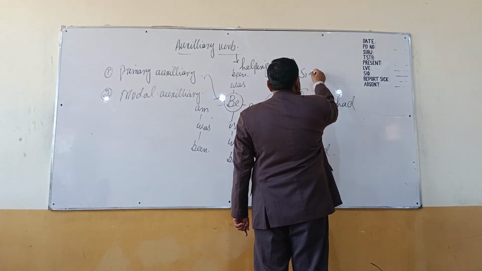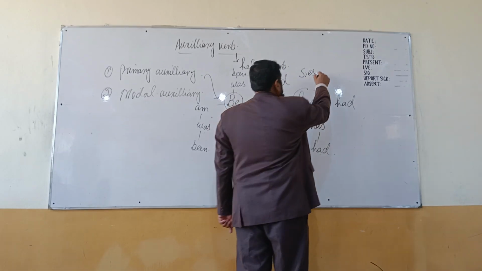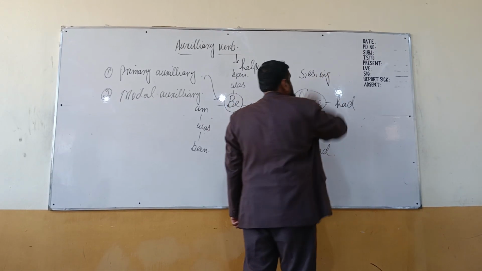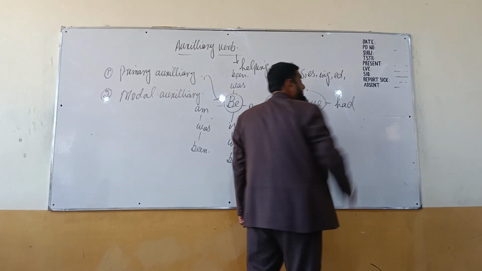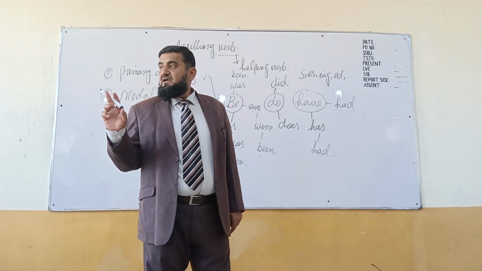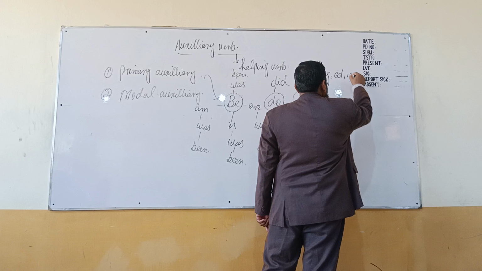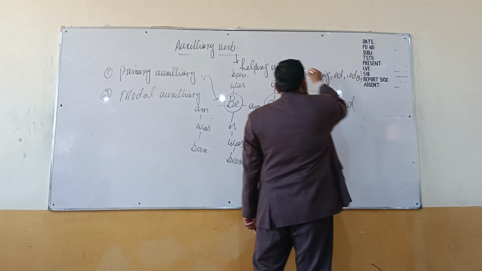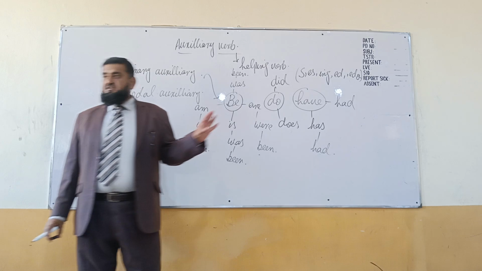For example, the S or ES inflection. Second is the ing inflection. Third is ED1, which is called the second form of the verb, and another is ED2, which is called the third form of the verb. These are five inflections.